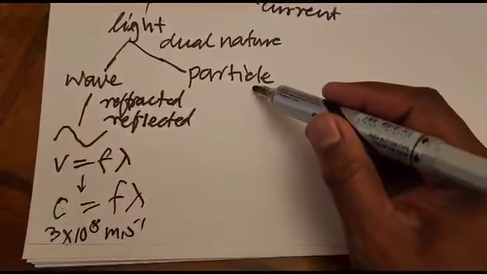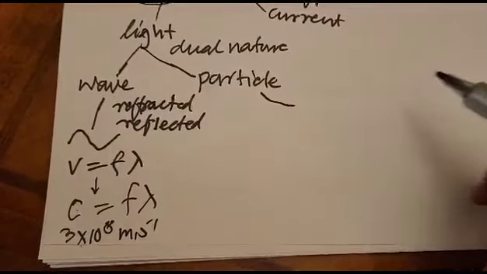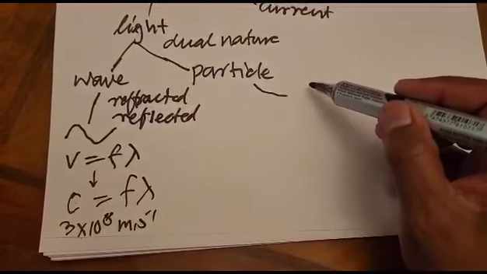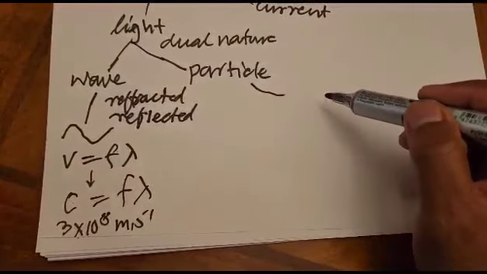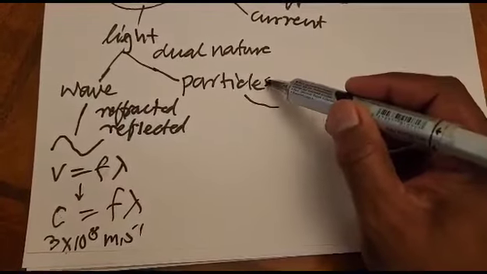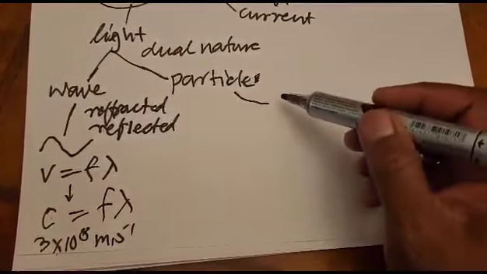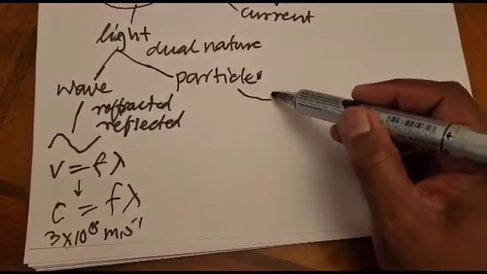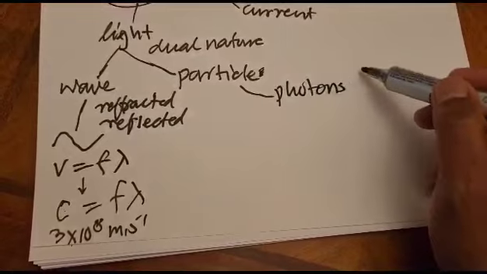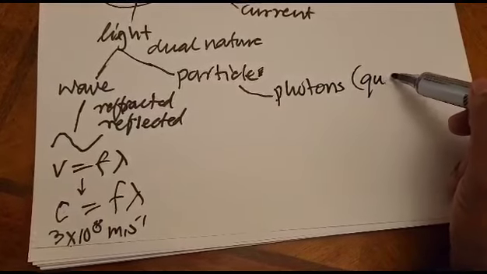In the case of the particle nature of light, we learned in grade 10 that light consists of tiny particles which are millions in number, called photons or quanta.